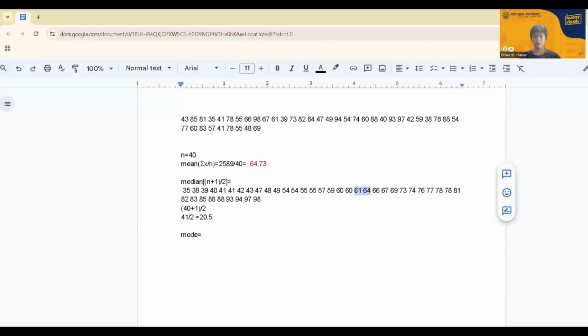Next, we will be adding these two values. 61 plus 64 is equal to 125, and divided by 2. 125 divided by 2 equals 62.5. This will be our median, 62.5.